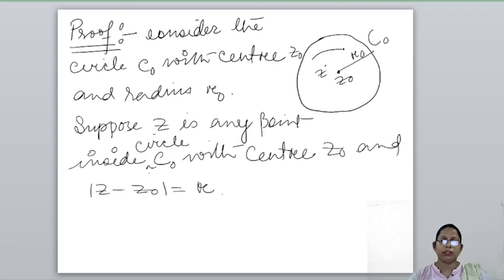Then draw a circle with center z naught and radius capital R.